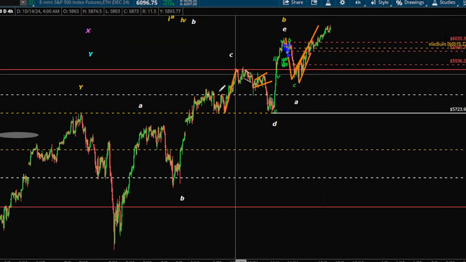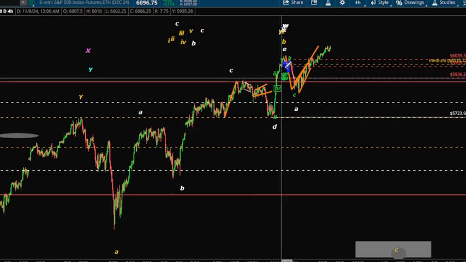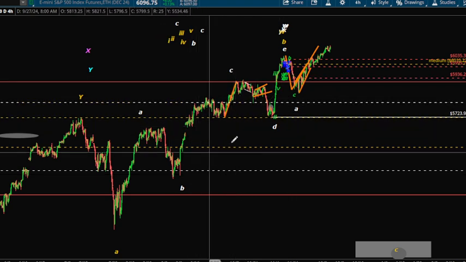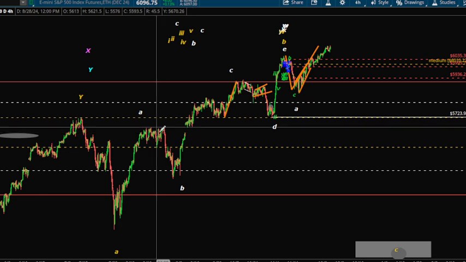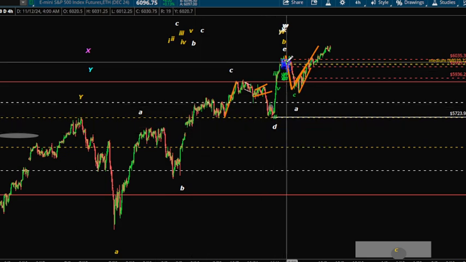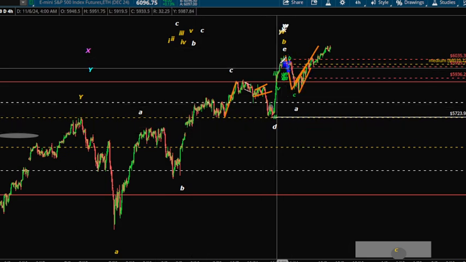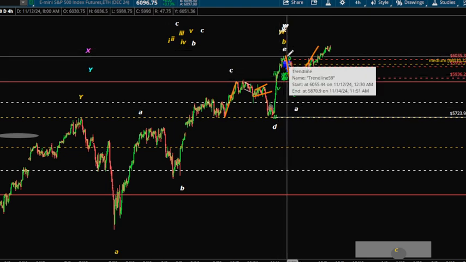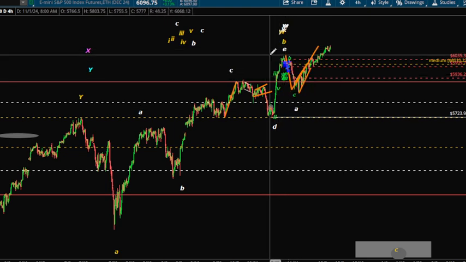So I'm just going to go ahead and stick with the A, B, C, D, E pattern. But I already said in a couple ways that I counted this as a zigzag with a triangle here and the impulse for a C up. So it still gives me the same price target.